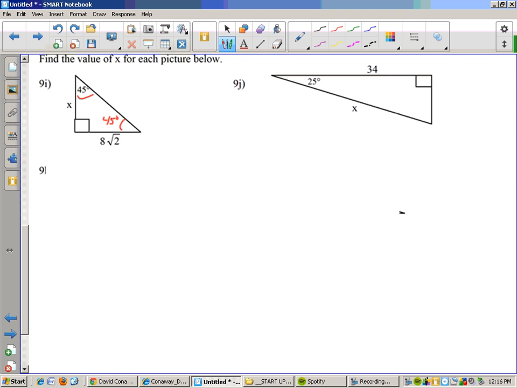If it's got two angles the same, it is isosceles. And if it's isosceles, what else do you know about it? Two equal sides. And the hypotenuse is not going to be the same as any other side. So those two have to be the same. So what is x?